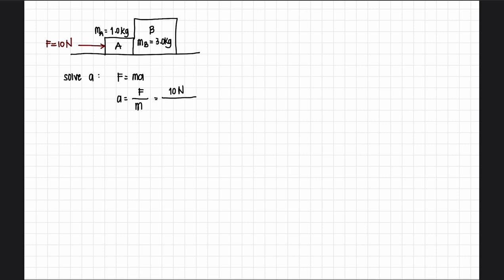Since this force is exerted on two objects in contact, the mass that we are talking about would be the mass of these two, that's 1 kilogram plus 3 kilograms. So that is equal to 10 newtons over 4 kilograms, which means that the acceleration is 2.5 meters per second squared directed towards the right.